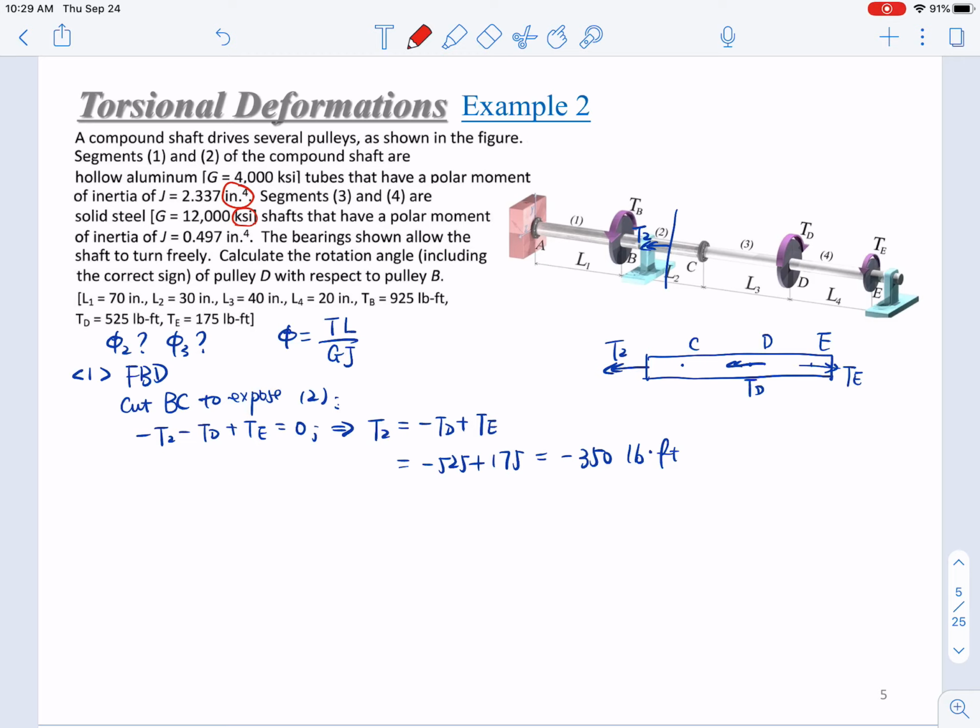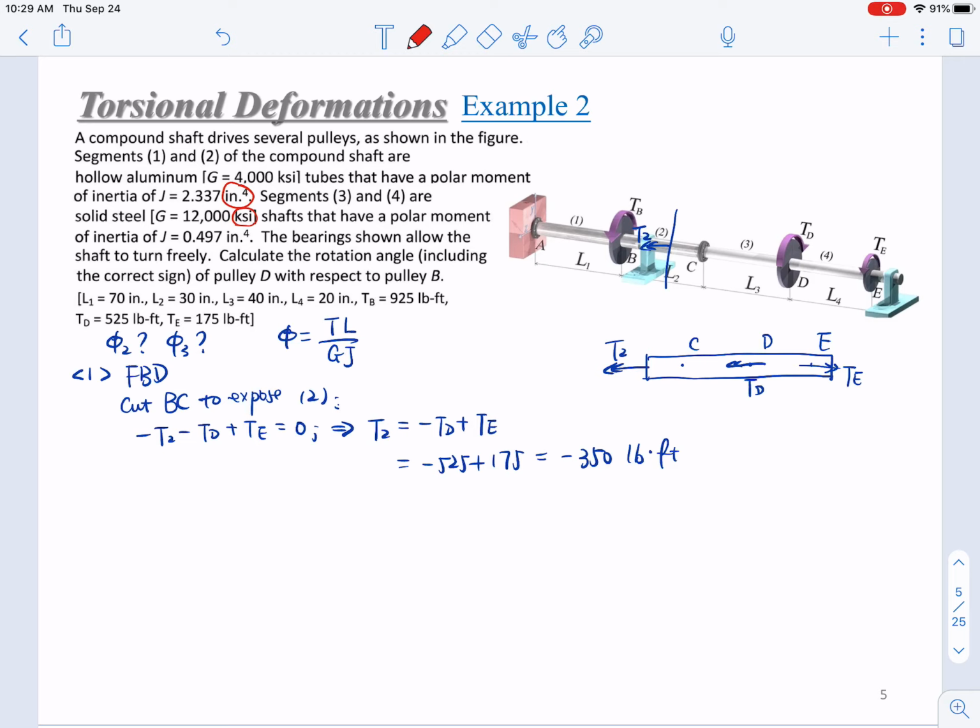That is negative 4,200 pound inch times L2, which is 30 inch, over G2, which is 4,000 ksi times 1,000, times J2, which is 2.337 inch to the fourth.